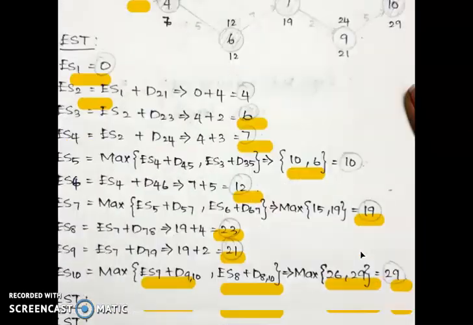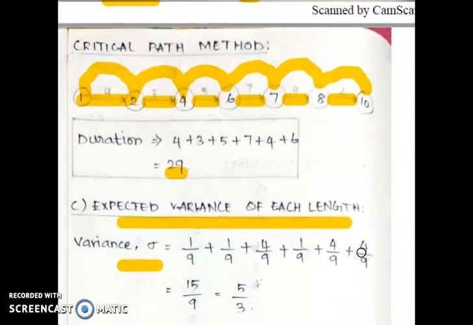So here we take the expectation values: 1 by 9 for 1 to 2, 1 by 9 for 2 to 4, 4 by 9 for 4 to 6, 1 by 9 for 6 to 7, 4 by 9 for 7 to 8, and 4 by 9 for 8 to 10.